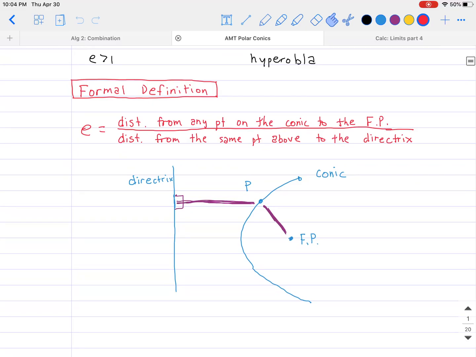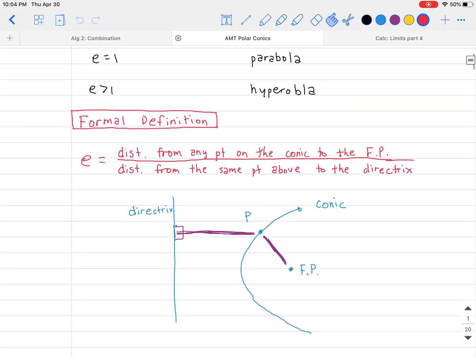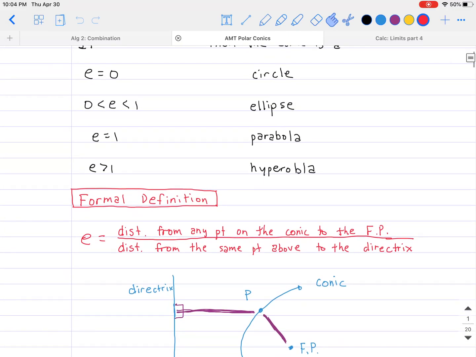Here is a picture illustrating what we're doing. The focal point is inside the conic, P is any point on the conic, and the directrix is on the opposite side, with the conic right in the middle between the two. We look at that ratio, and depending on the value of e, we have one of the four conics.